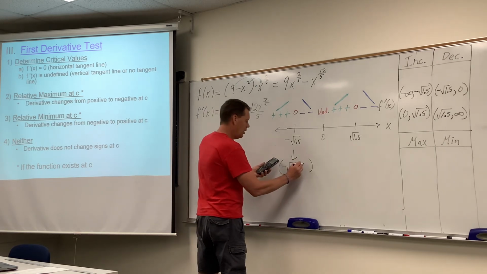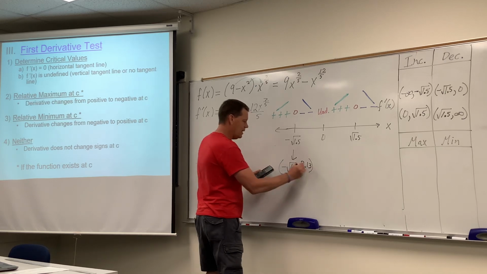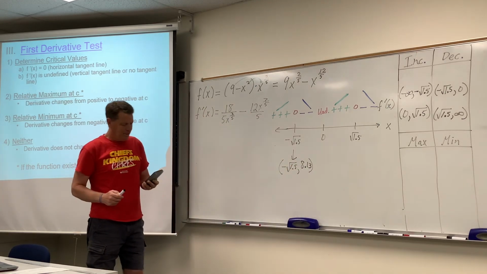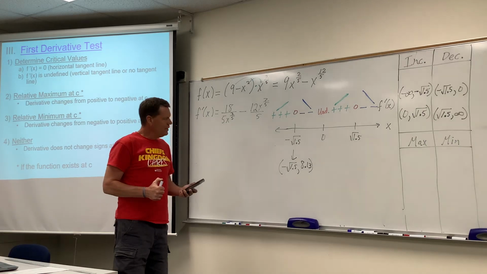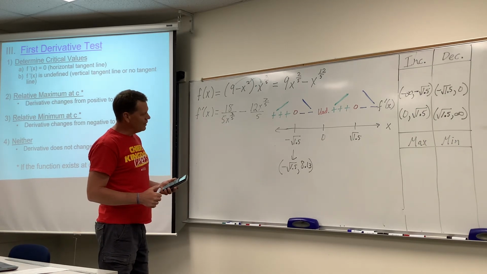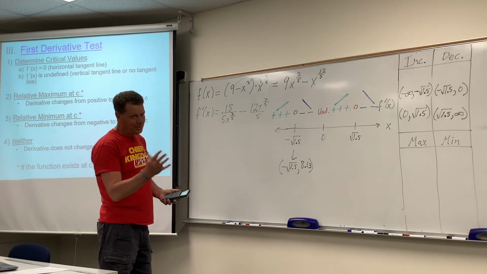I got a number along the lines of 8.13. I hope that's correct. 8.1335, something like that. I'm going to stick with that, and if it's wrong, apologies.